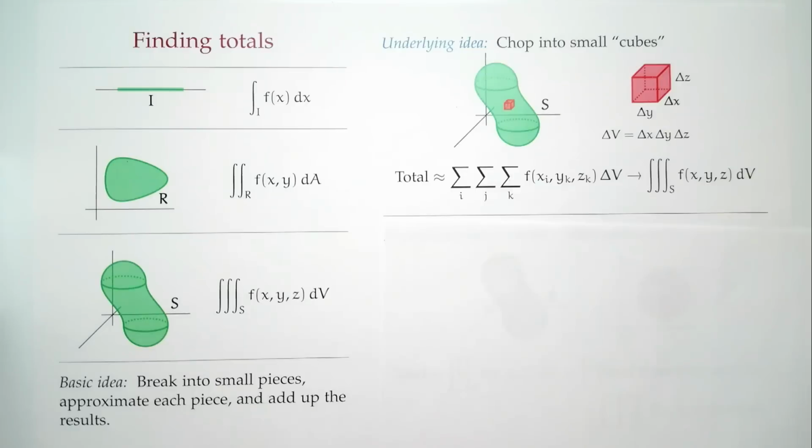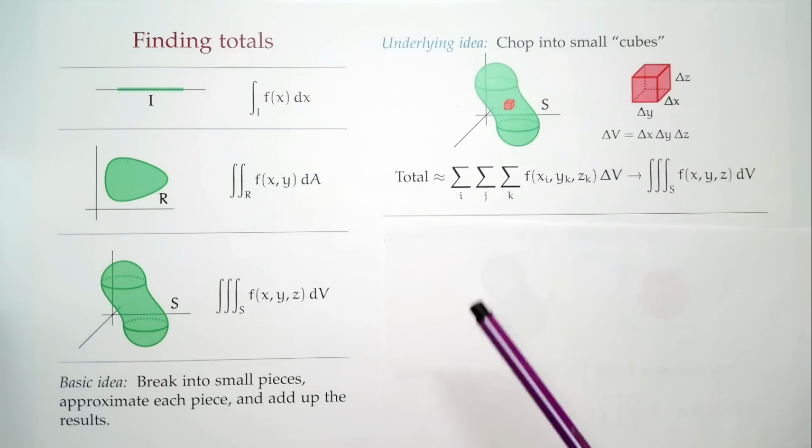So we're thinking about a little change in x, a little change in y, and a little change in z. And that shape that gets formed when we perturb things is a little tiny box. The size of the box is just the product of the side lengths: change in x times change in y times change in z.